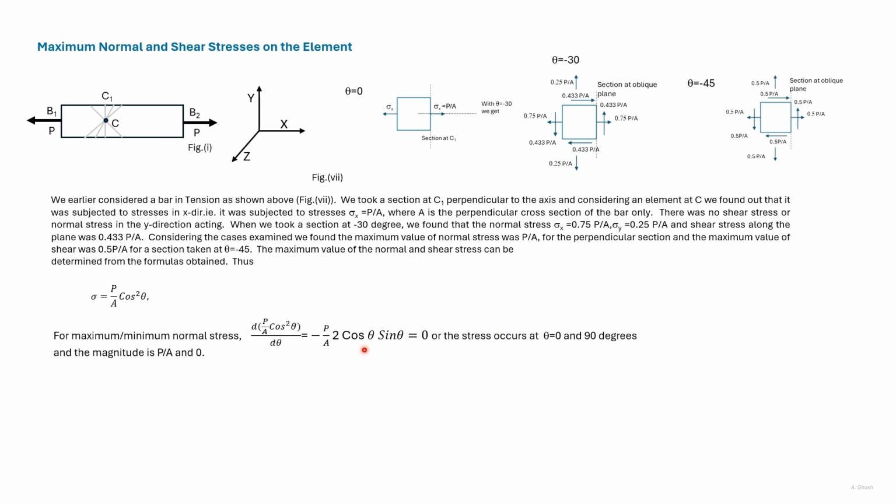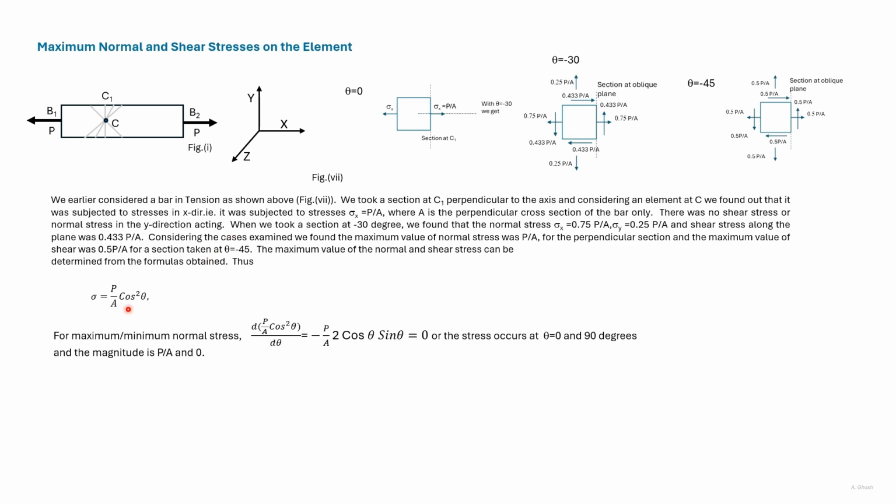So this expression gives us the planes at which the maximum and minimum normal stress occur. When theta is equal to 0, sine theta is 0. And when theta is 90, cos theta is 0. So the planes are theta equal to 0 and theta equal to 90.